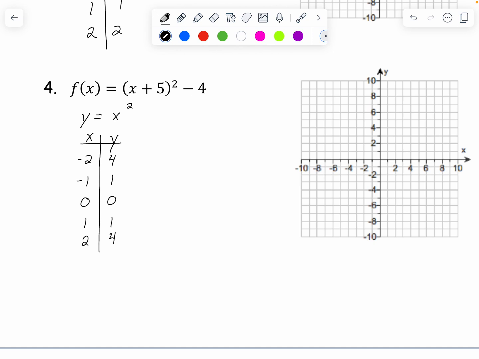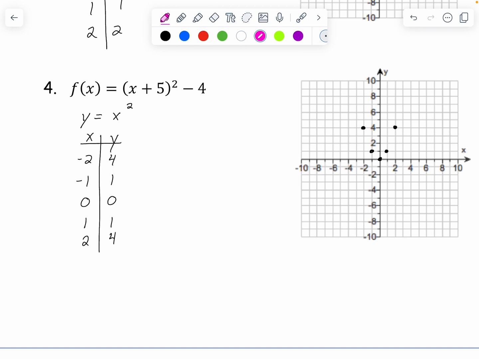So -2, 4; -1, 1; 0, 0; 1, 1; and 2, 4. So those are my parent function points. And notice that I'm not connecting my parent function points because that's just my beginning. I don't want to connect points until I get to the end, and color coding really does help.